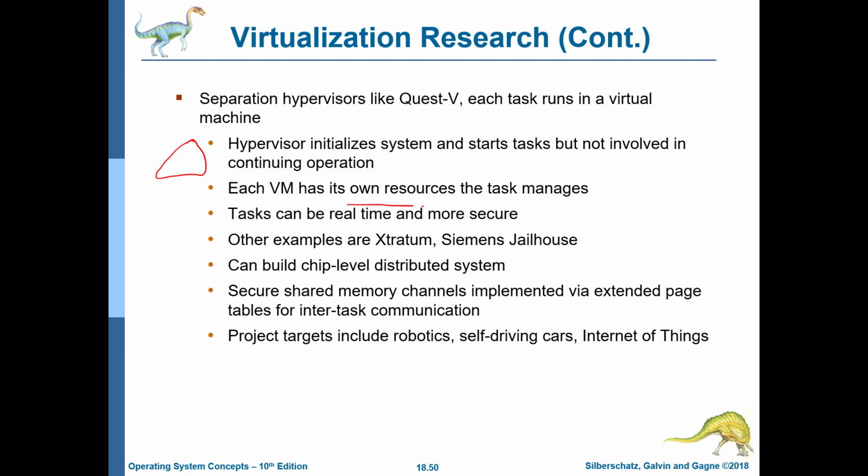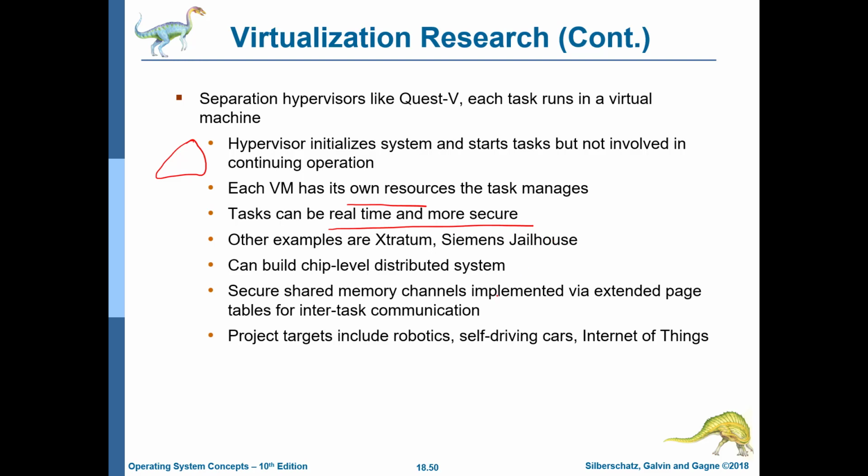Each VM has its own dedicated resources that the task manages. Needless to say, this is for real time and secure tasks. Don't even ask questions about flexibility. Other examples are Xtratum, Siemens, Jailhouse, and so on. So essentially, the idea is that we can have many such VMs on a chip and create a chip level distributed system.